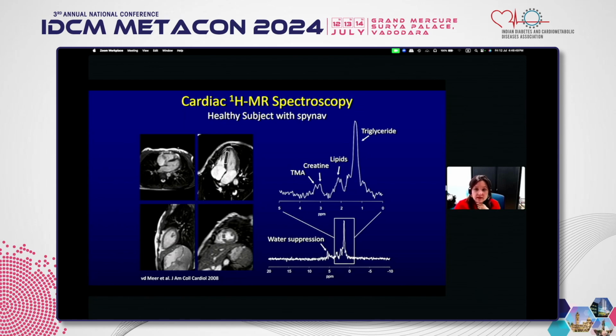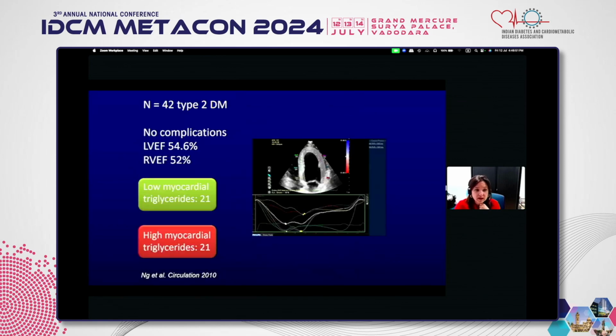And in this sense, strain might be the one really able to detect this alteration at the level of the myocardium, maybe even with a component of ischemia, maybe even a component of concomitant hypertension, but it will be able to detect this dysfunction.